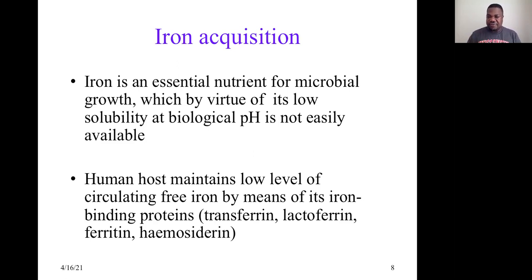So the human host usually has a mechanism, a way of controlling the concentration of iron in our body. It is very difficult to have free iron moving in the body because we have iron binding proteins. We release what we call iron binding proteins, like transferrin, lactoferrin, ferritin, hemosiderin. The reason the body releases them is that they bind to the free iron.